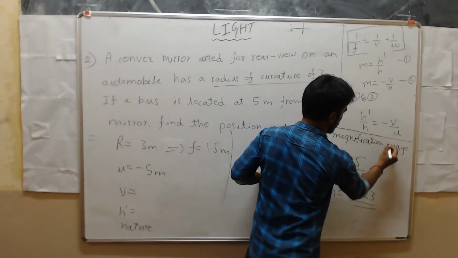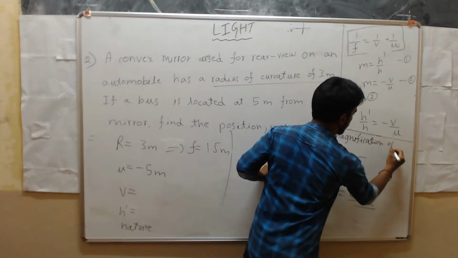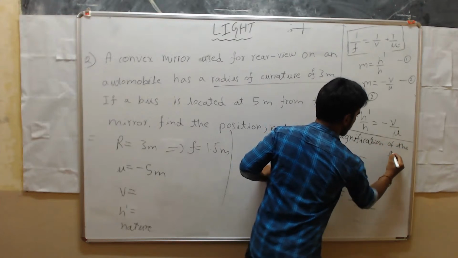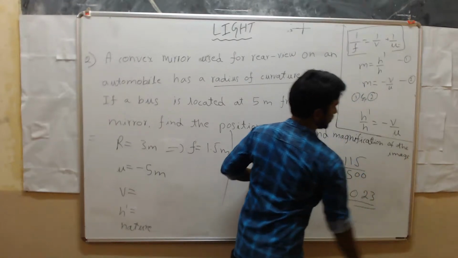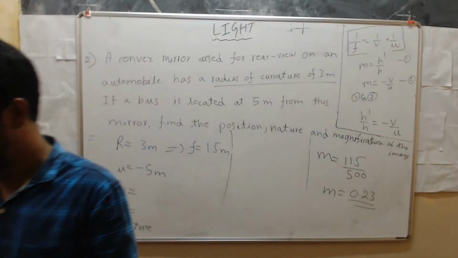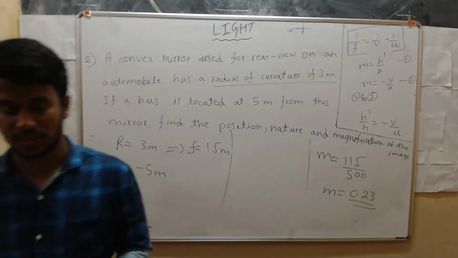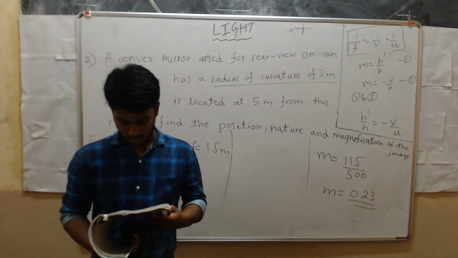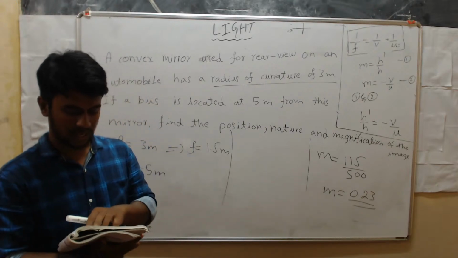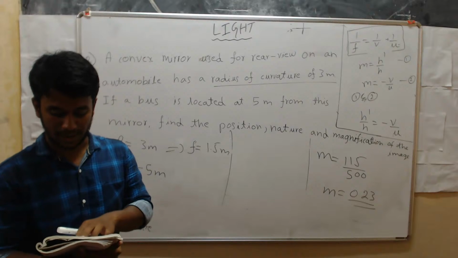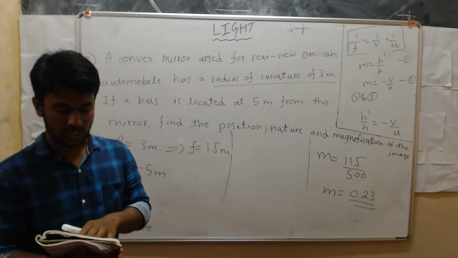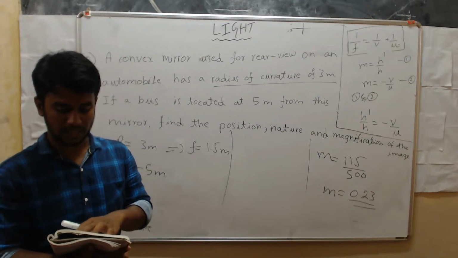Magnification of the image. See, in your NCERT textbook, it is misprinted. Just correct it. Example 10.1, last statement: find the position, nature, and size of the image.